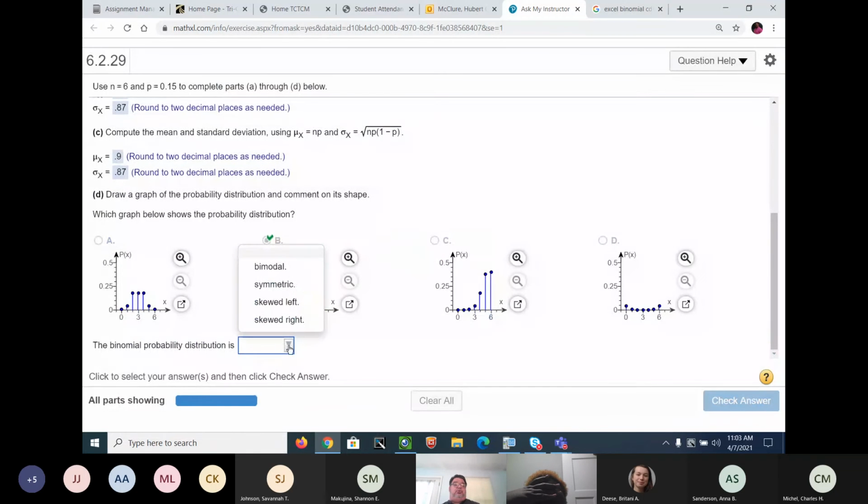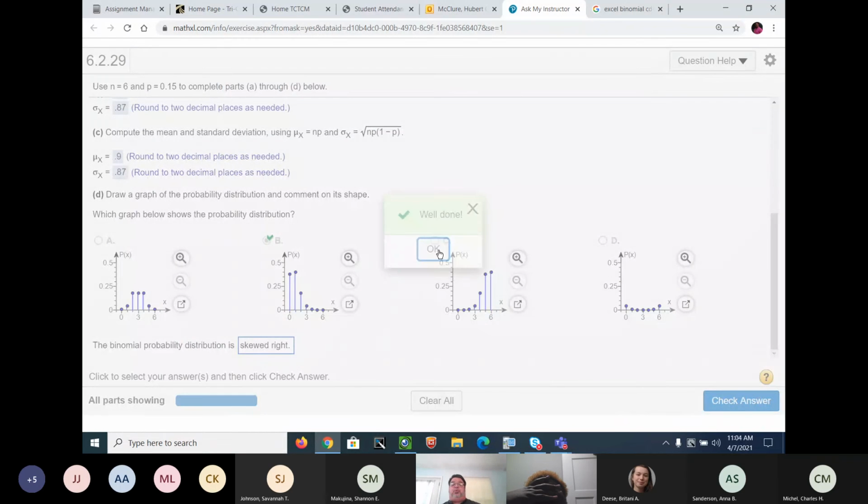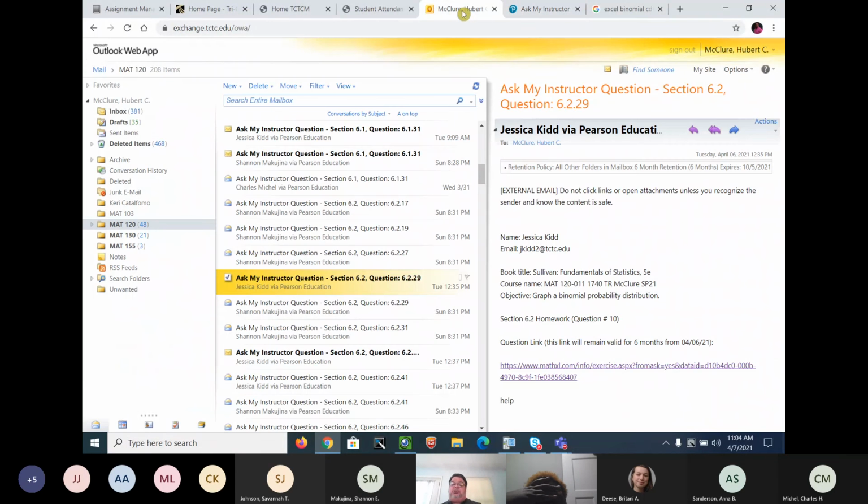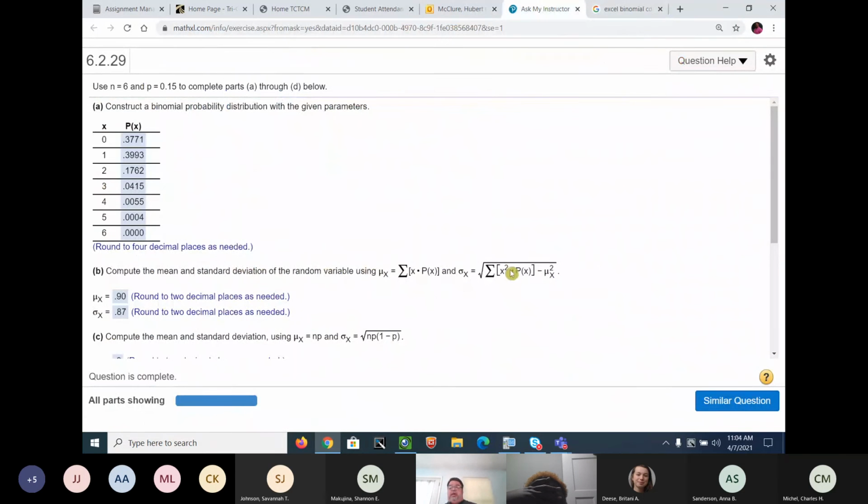If you can do this question right here, you can do 6.1 and 6.2. Write this down, 6.2, number 29 slash 10. You can do that one. You can do all of 6.1 and 6.2.